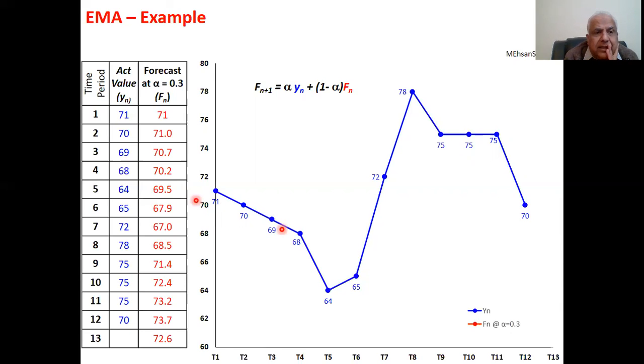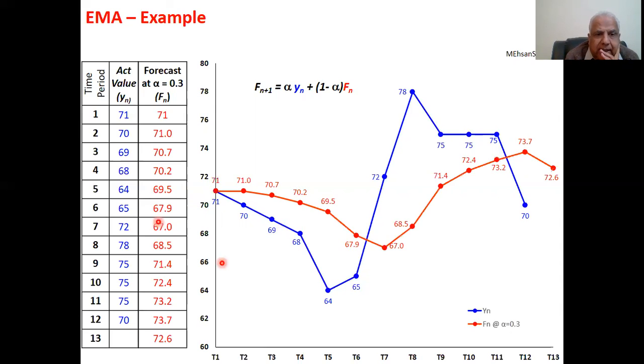And let us plot this, the red data, and this is as indicated, and we get forecast for event number T13, time 13, we get 72.6 as indicated over here. What do you notice? That like K value, alpha value also smoothens. See, the variation in data has drastically reduced when alpha is applied.